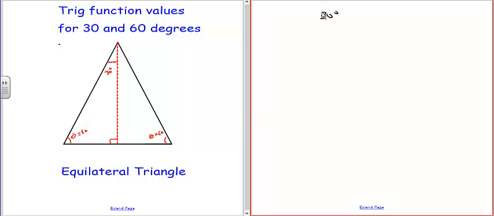So we have the sine, the cosine, the tangent, the cosecant, the secant, and the cotangent.